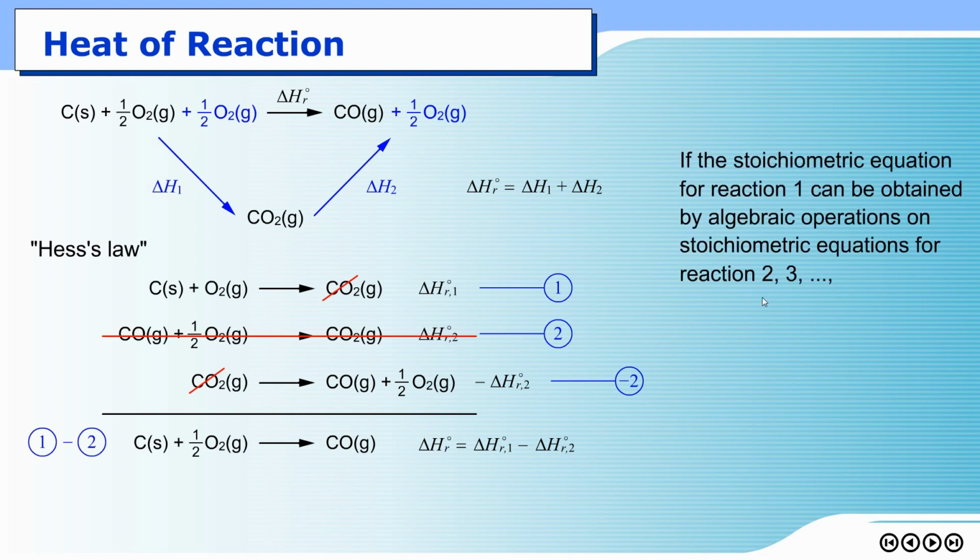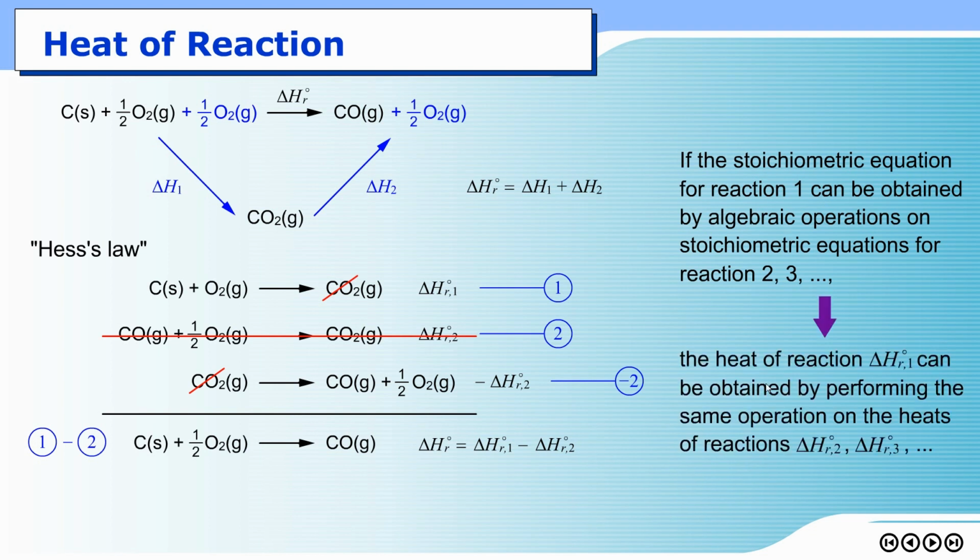By its statement, Hess law is basically this: if an equation can be obtained from the operation of small step reactions, then the heat of reaction associated with it would be operated under the same manner. That is called Hess law.